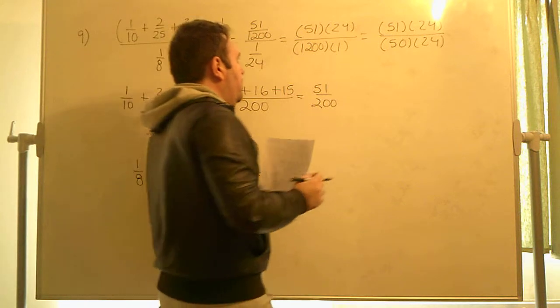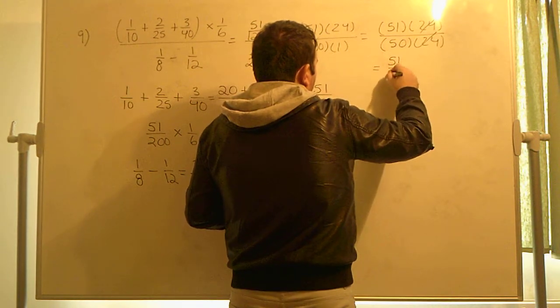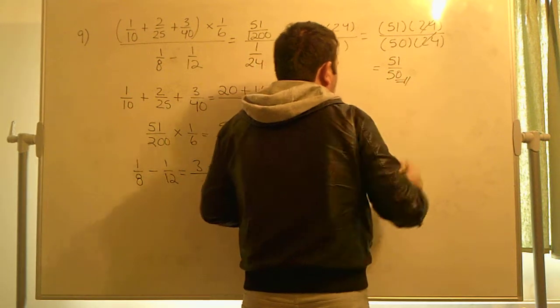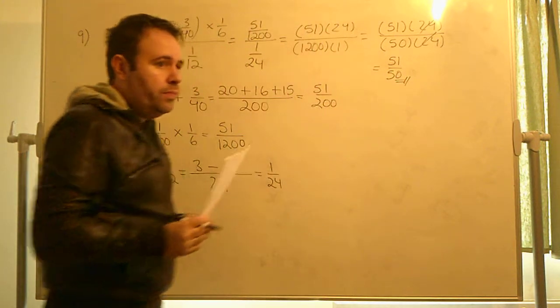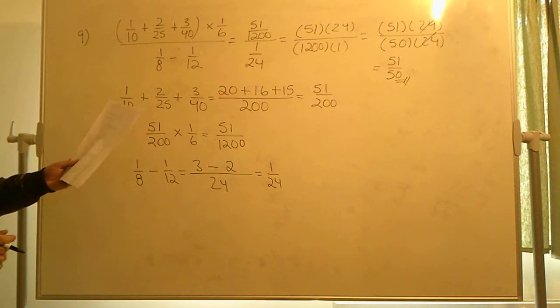So 24 divided by 24 is 1, and then we would have 51 fiftieths, yeah? And that is the final result.